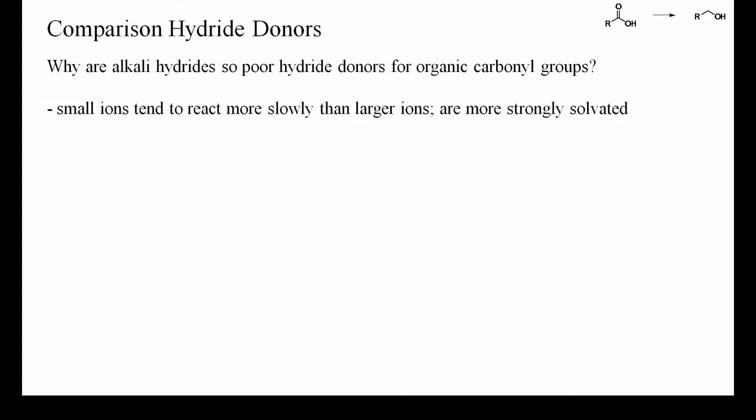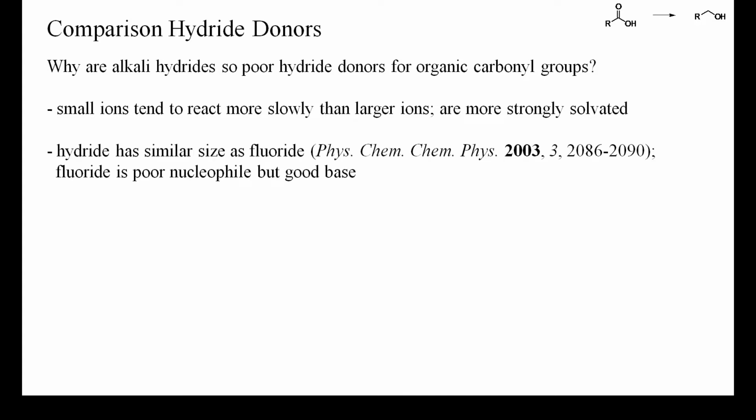Another example of a small anion with high charge density would be fluoride, which in most protic solvents only reacts as a base, but does not readily undergo SN2 reactions at carbon or add to electron-deficient olefins. Hydride is assumed to have a similar size as fluoride and should therefore also be tightly solvated by ethers or dipolar aprotic solvents, which would diminish its reactivity.